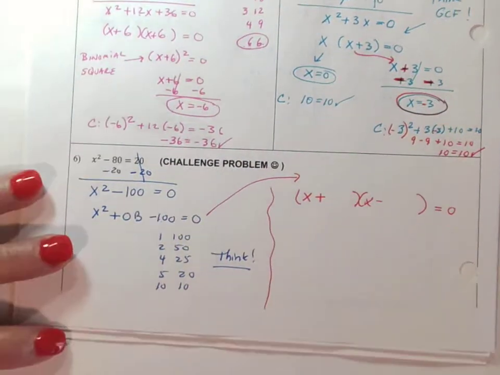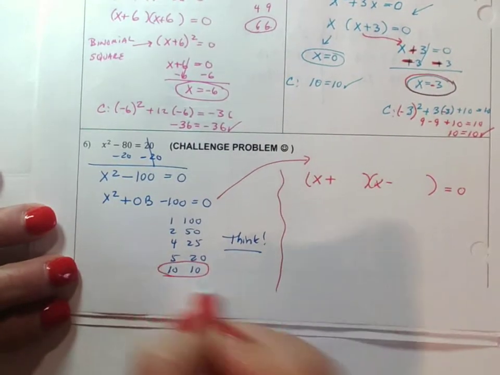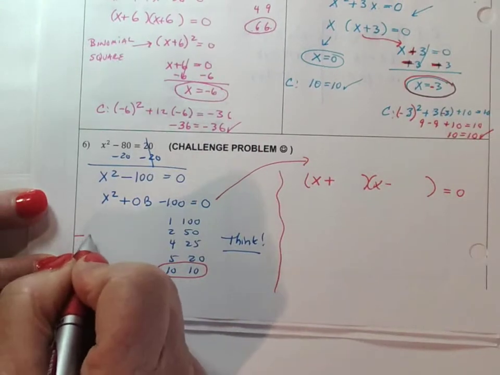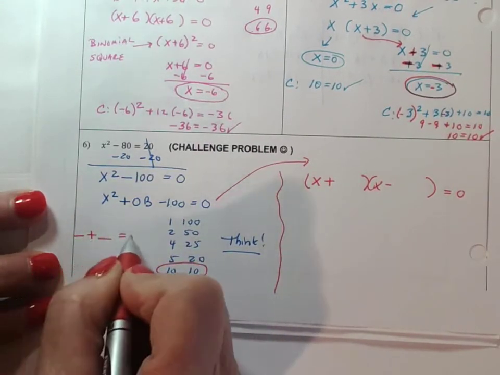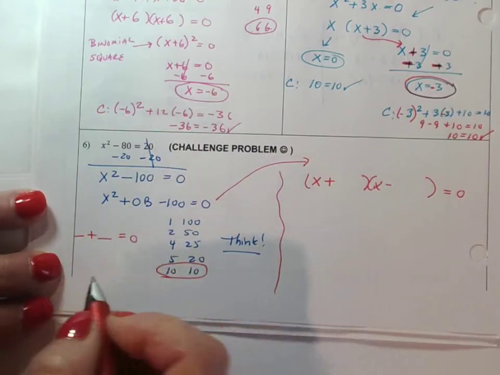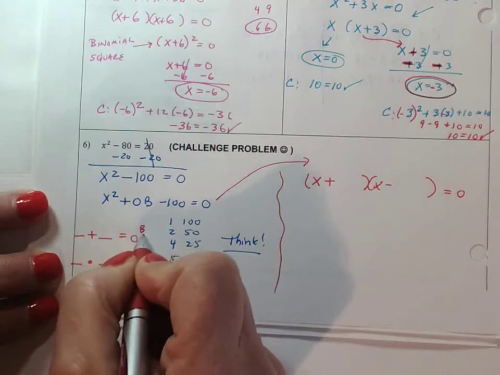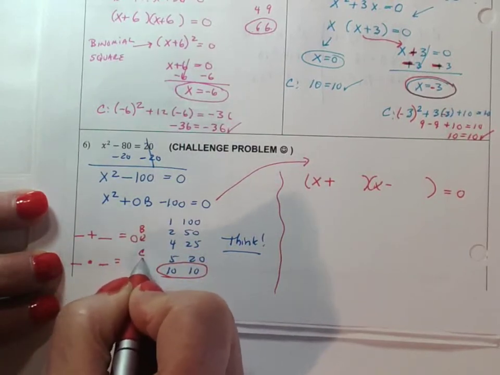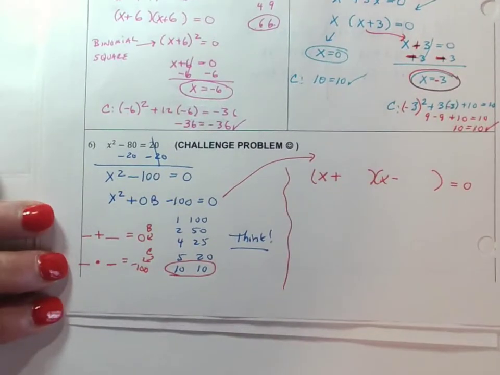So, have you figured out what the numbers are? Well, what happens if you use 10 and 10? If we want to add these to get b, which is 0, and we want to multiply these to get c, which is negative 100.